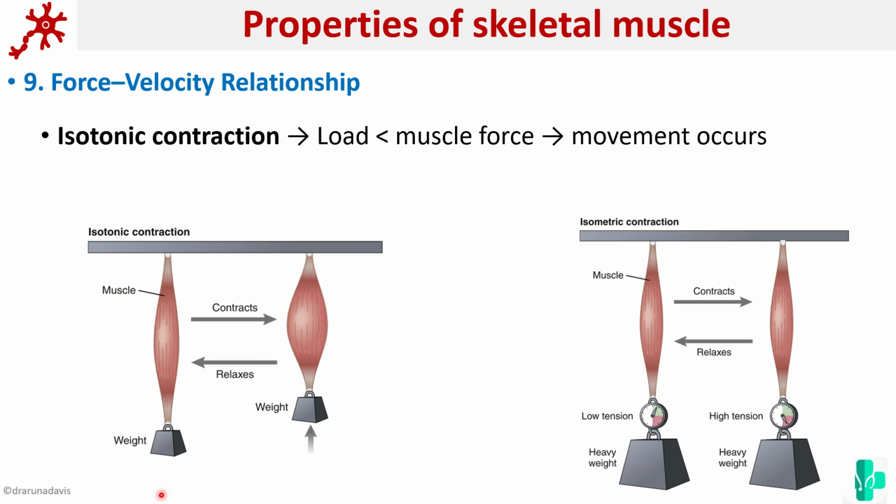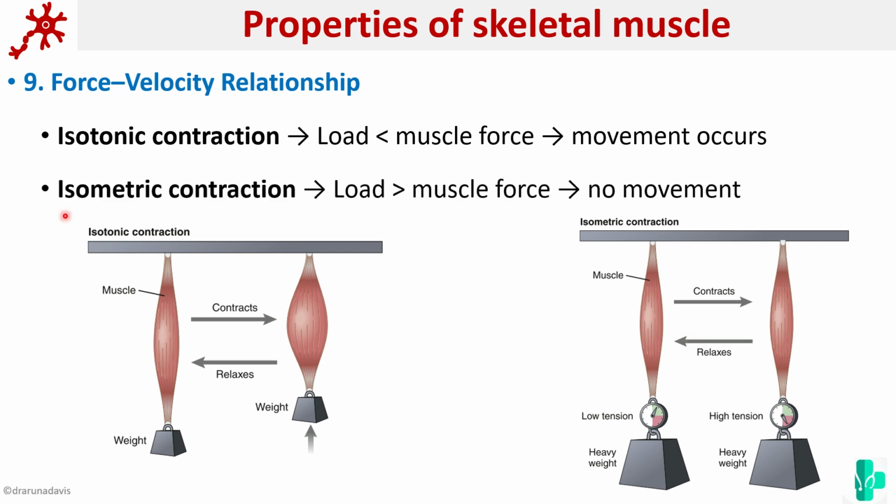If the weight is less, you will have an isotonic contraction, meaning the muscle will contract and only the length will change. Isotonic contraction means the load is lesser than the muscle force, so movement will occur. But if the load is more than the muscle force, there will be no movement.